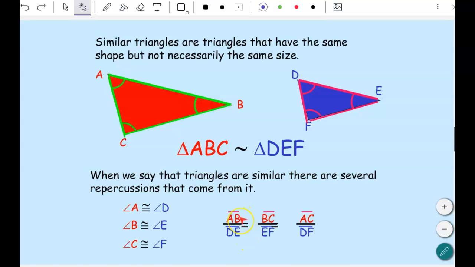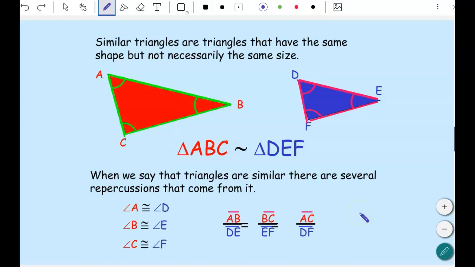So the length of AB corresponds to DE. So this side corresponds to this side. And when you do the ratio of that, it's going to be equal to BC over EF. So they're all going to have equal ratios.